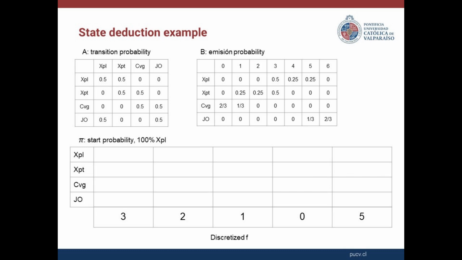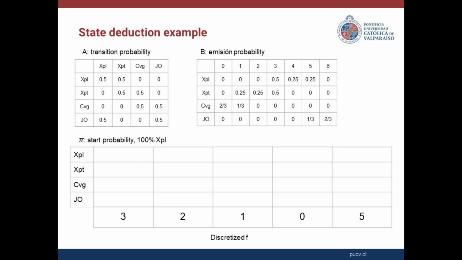Matrix A indicates the probability of transition between states. Matrix B indicates the emission probability of each element observed for each hidden state. The initial matrix pi indicates the probability of one of the states occurring at the beginning.